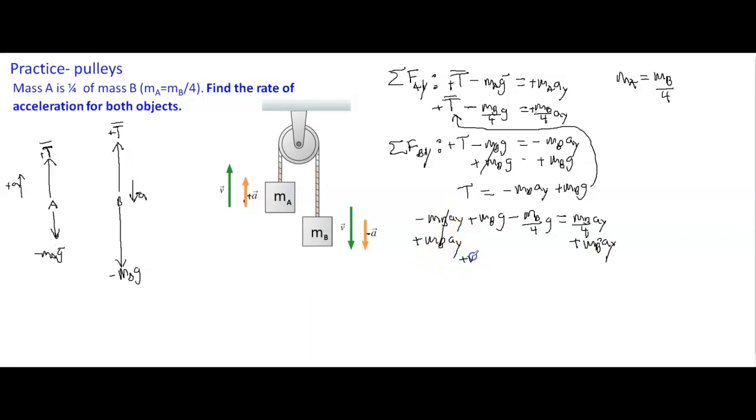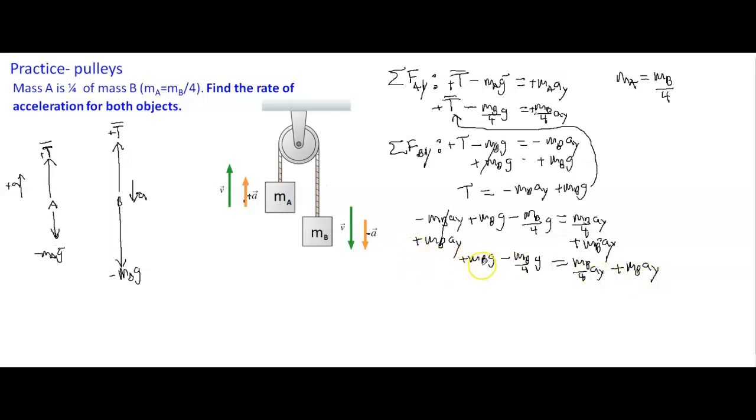So now I'm going to have MBG minus MB over 4 G equals MB over 4 AY plus MB AY.